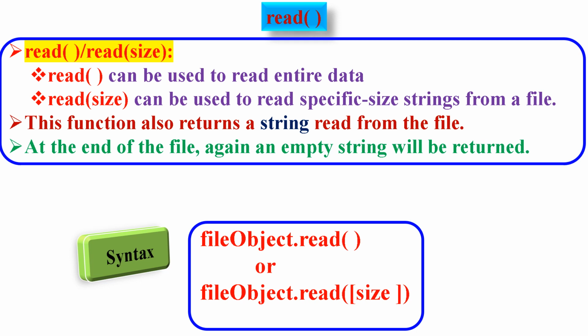The syntax is fileobject.read() or fileobject.read(size). Here the size specifies the number of bytes to read from the file. So, the function may be used to read a specific number of characters from the file. If the value of size is not provided or a negative value is specified, then the entire file will be read.